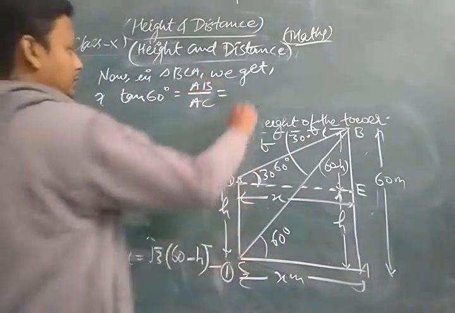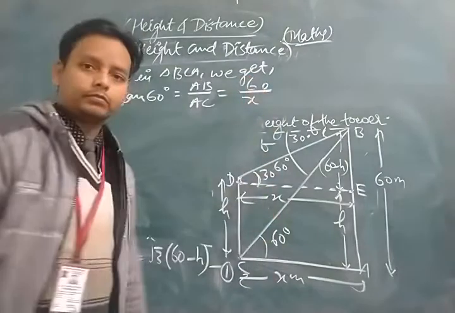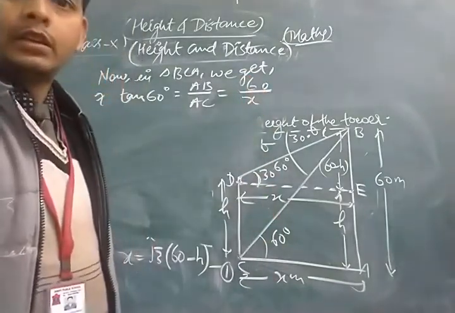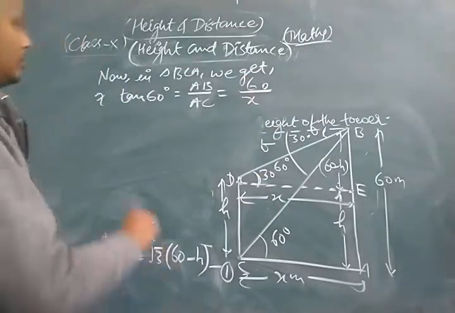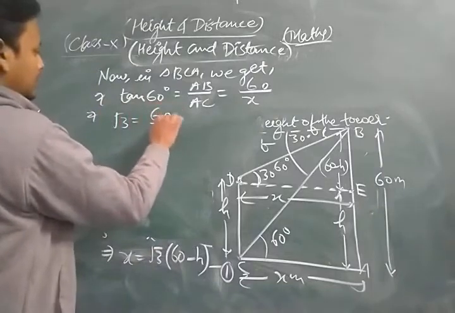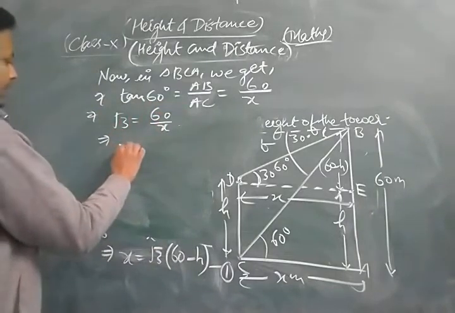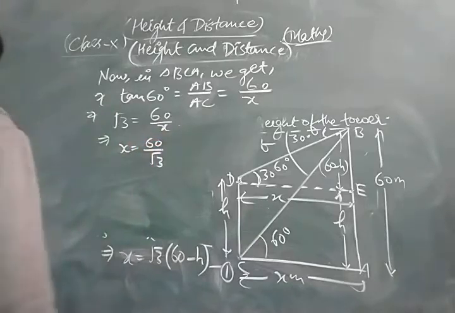AB is 60 meters and AC is X. Now tan 60 is root 3, equal to 60 upon X. So X is equal to 60 upon root 3.